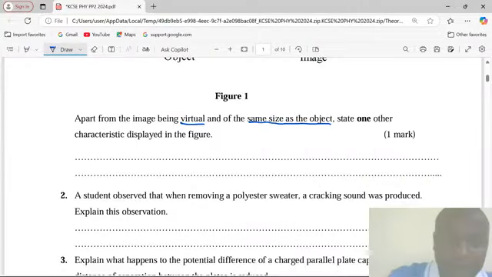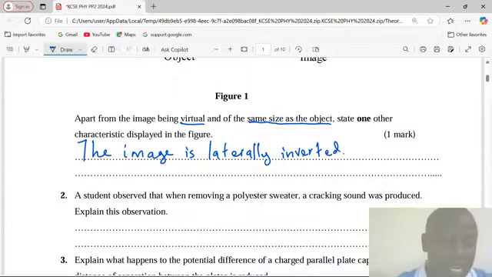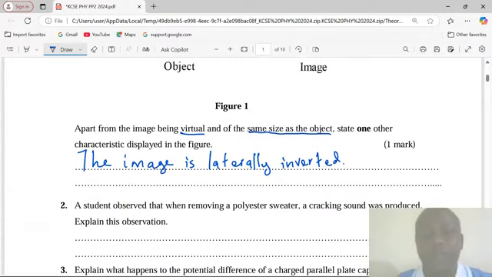One property: the image is laterally inverted. There might be other properties, as you can see.